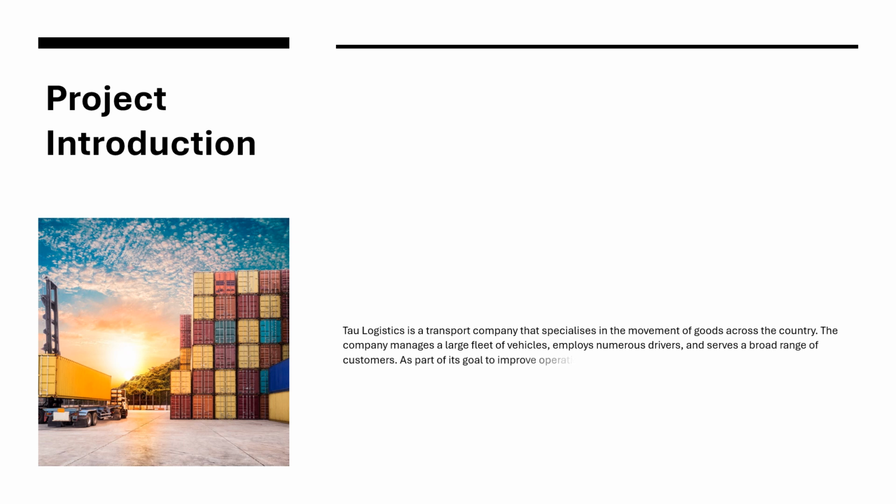So about Tau Logistics. Tau Logistics is a transport company that specializes in movement of goods across the country. The company manages a large fleet of vehicles, employs numerous drivers, and serves a broad range of customers. As part of its goal to improve operational efficiency and streamline processes, Tau Logistics is embarking on the development of a transport management system.